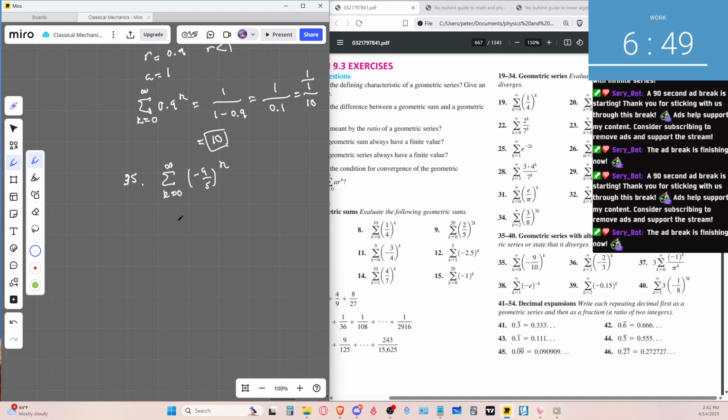Okay, so this is definitely less than 1, so r is equal to negative, oh whoops, why did I put 5? It's 9 over 10. And r is definitely less than 1. So meaning, and I'm guessing it's supposed to be plus.